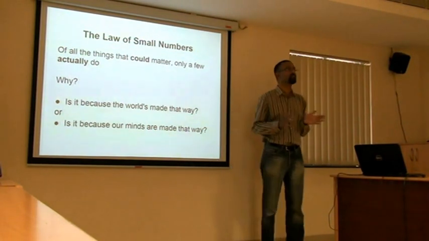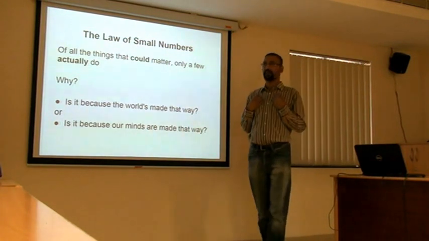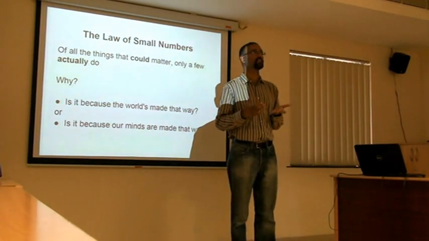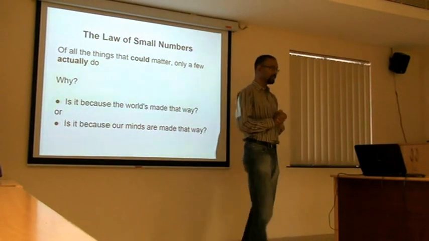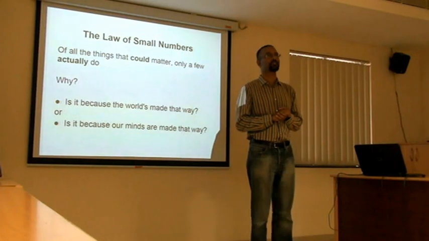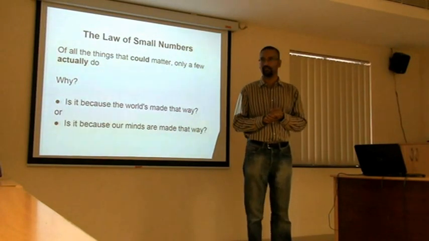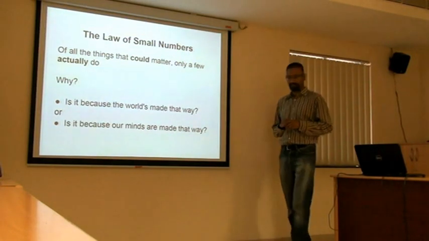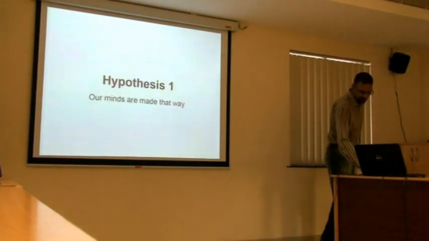Either way, it doesn't matter, right? Because whether it's our incapacity to understand the world or the world's great willingness to present itself to us in an easy way, the law of small numbers holds.